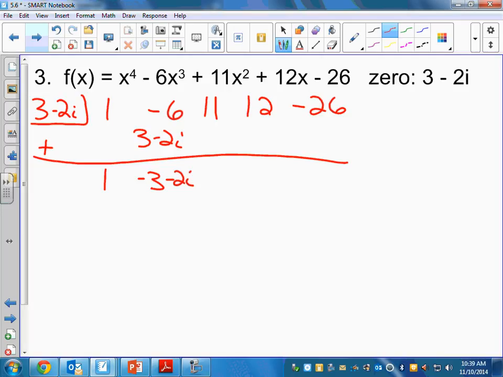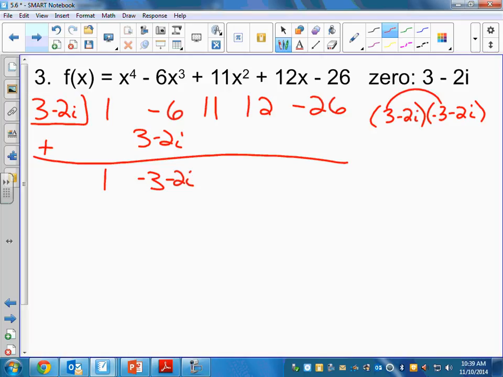So I always work it out to the side because I don't want to make a silly mistake in my head. So over to the side, I'm going to write 3 minus 2I times negative 3 minus 2I. And I'm just going to FOIL, going to watch my signs, and I'm going to remember that I squared equals negative 1.